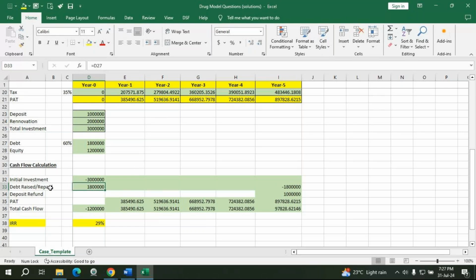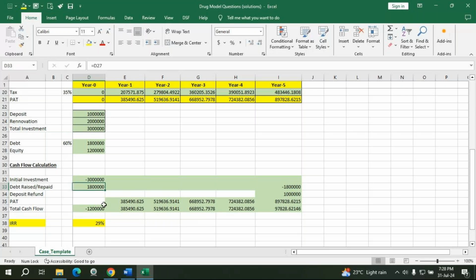And debt repaid: at the end of the fifth year, I'm going to repay this debt amount, that is 1 crore 80 lakh rupees, whatever I had taken as the loan. And deposit refund: the deposit I paid for the rental, that is 10 lakh rupees, I'm going to get back.